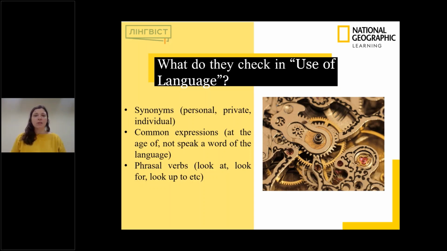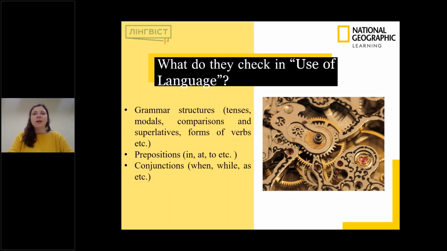Common expressions, like at the age of, not speak a word of the language, and something like that. Phrasal verbs, which is one of the difficult parts. Prepositions, also grammar structures, right? Tenses, modals, comparisons, superlatives, forms of verbs, everything.